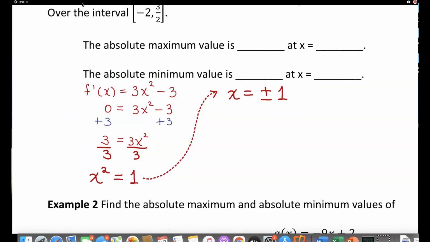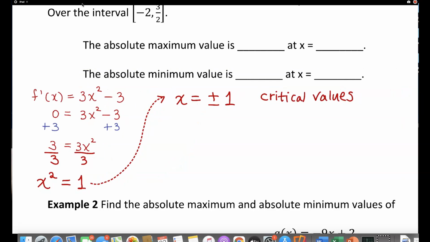These are the critical values. Okay? So because they can be relative minimum or relative maximum, but instead of doing the second derivative test or the first derivative test, we're ready to start this process.